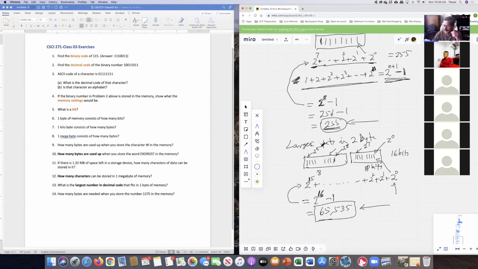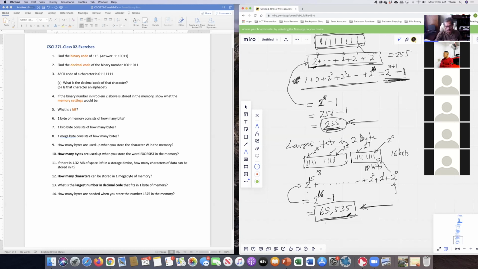Okay, so even if you don't remember these numbers, 255 and 65,535, you can quickly calculate them, right? If it is 1 byte, then there are 8 ones. 8 ones means this is the largest number that fits, so convert it using this formula and you come up with this number. Similarly, for 2 bytes, do the same thing and you'll come up with this number.